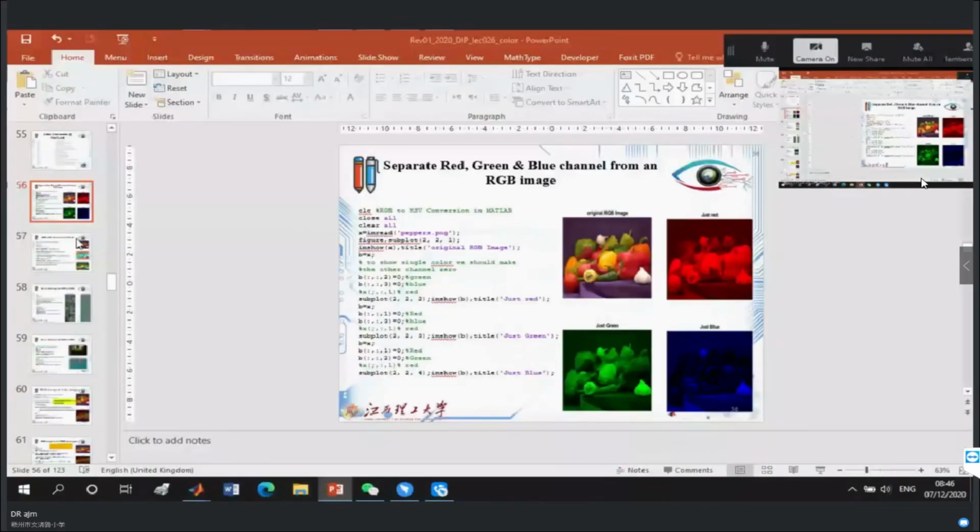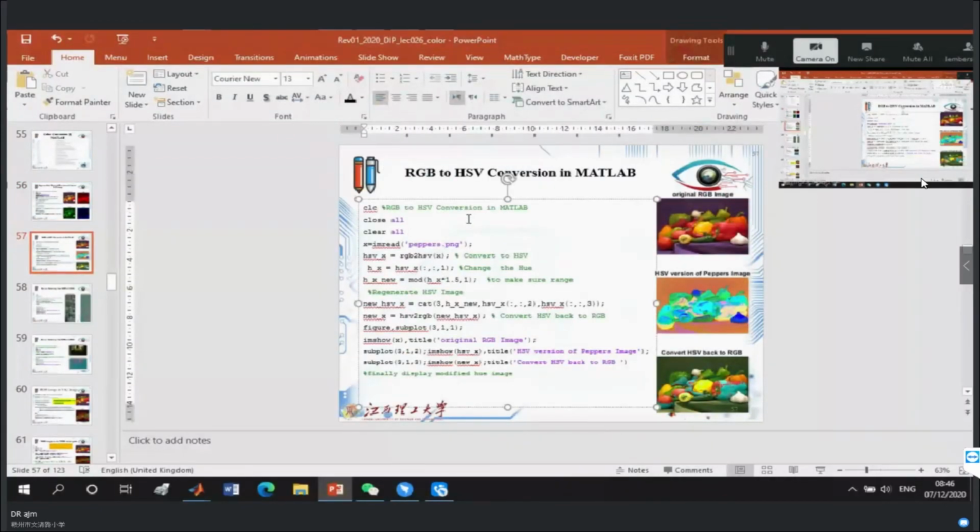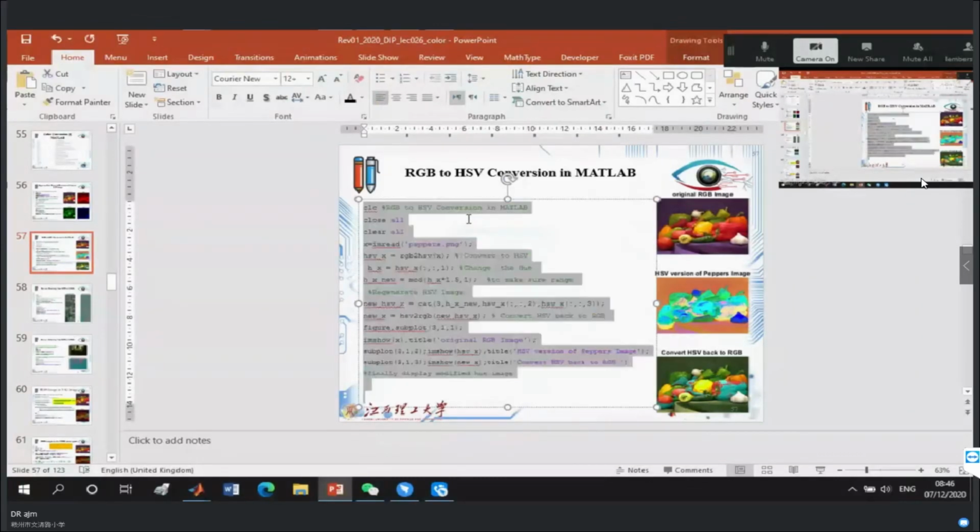What about the next? In the next example, we will convert from RGB to the HSV model. Let us see how I have done that.